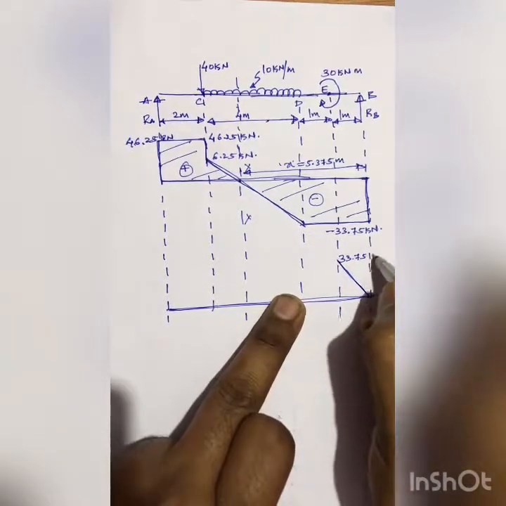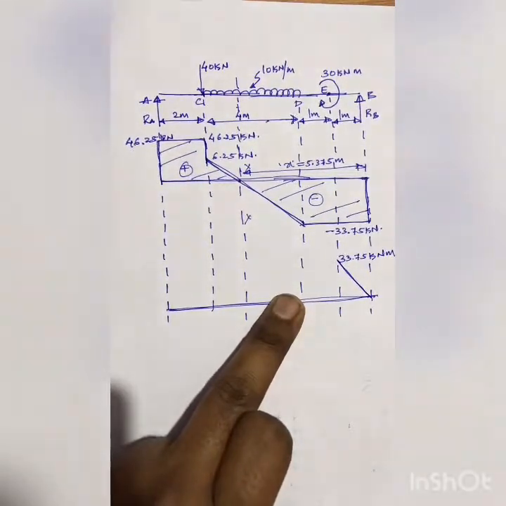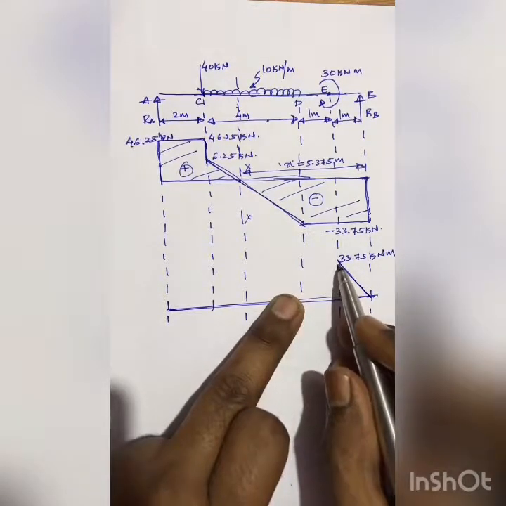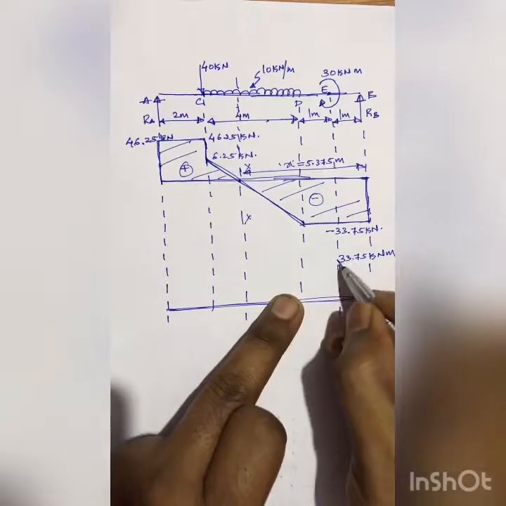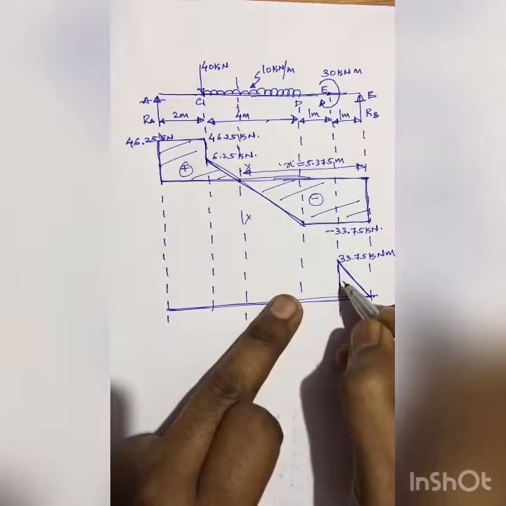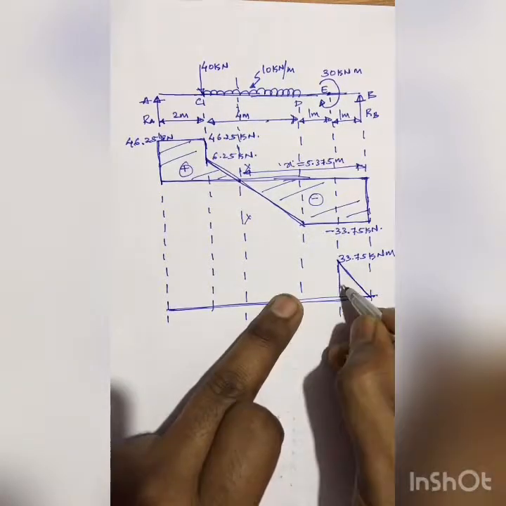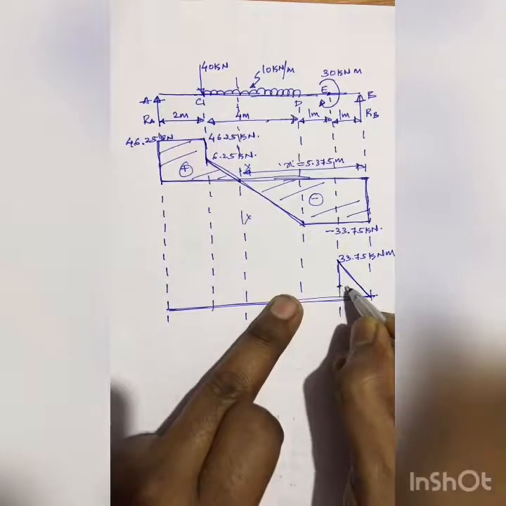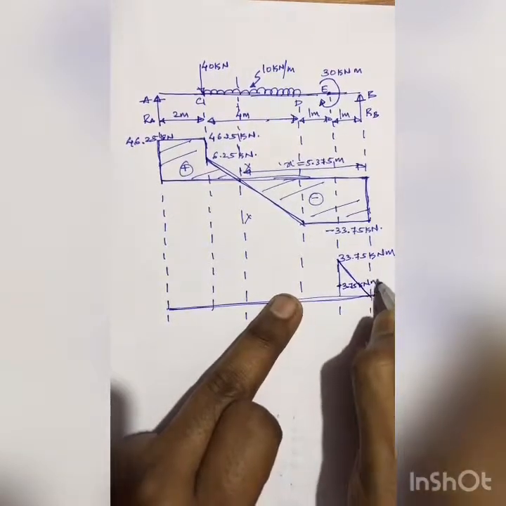kilonewton meter. Next, at E we found out the bending moment again, considering the couple, and with couple we got the value, it becomes lower actually, 3.75 kilonewton meter. Let this be the point, 3.75 kilonewton meter.